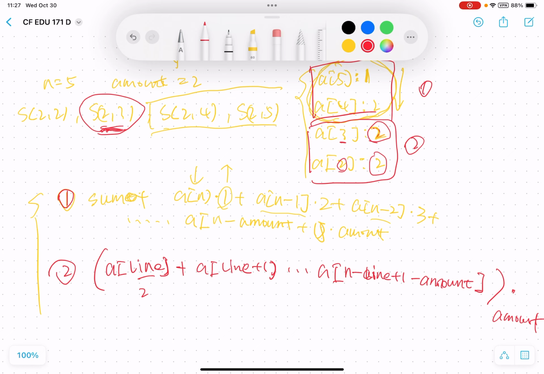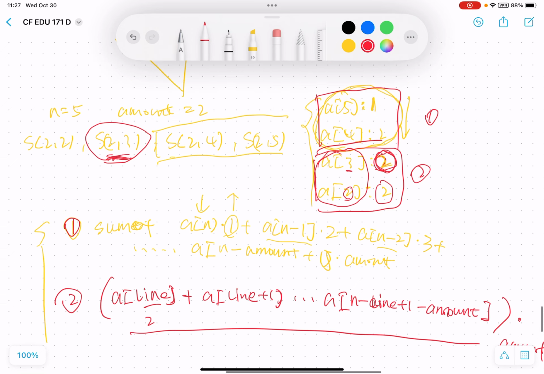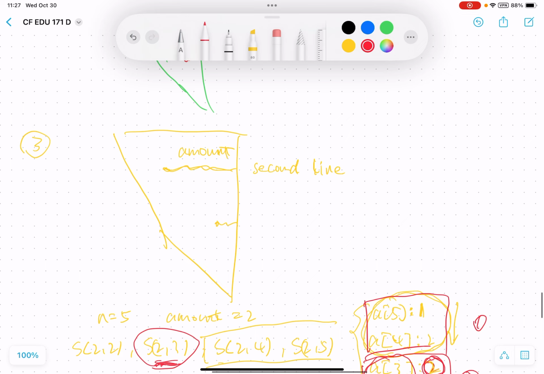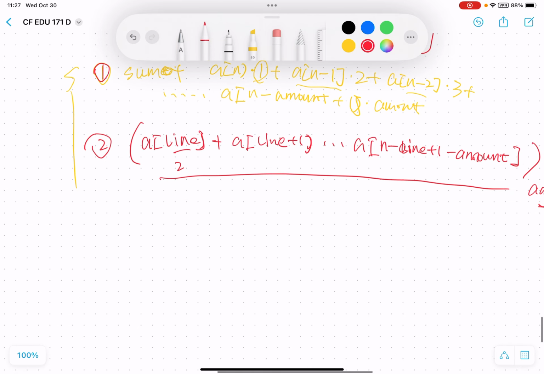The first thing is to calculate this sum, and the second thing is to calculate the times we need to multiply. This is the second part, about how to calculate the sum of this interval. Okay, this is the whole solution to this problem. If you have any confusion, welcome to submit a comment.